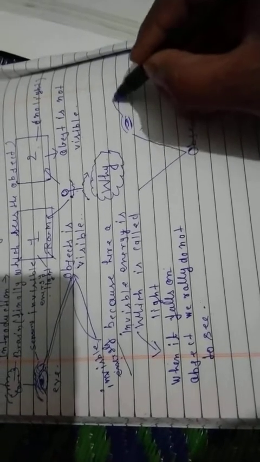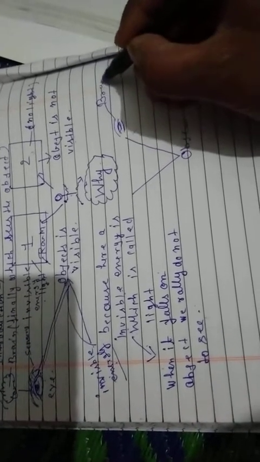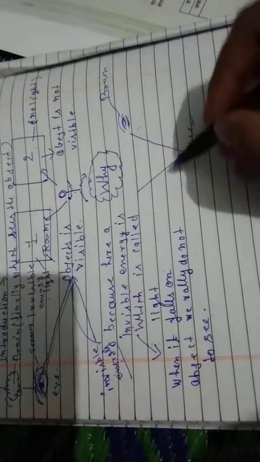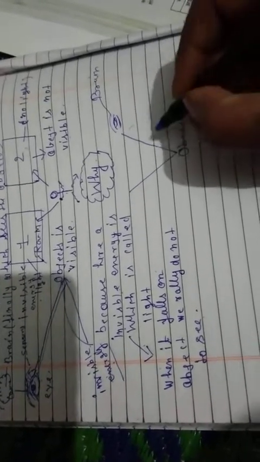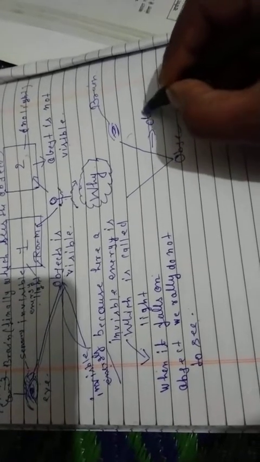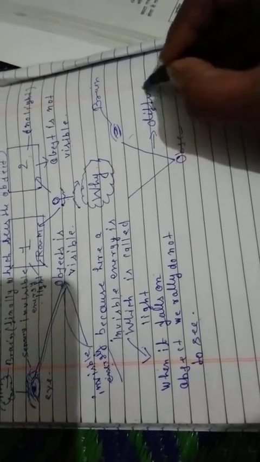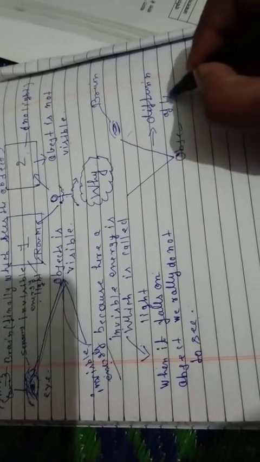Our eyes send the message to the brain, and the brain finally sees the objects. So when any light falls on objects and is reflected again, this process is known as diffusion of light.